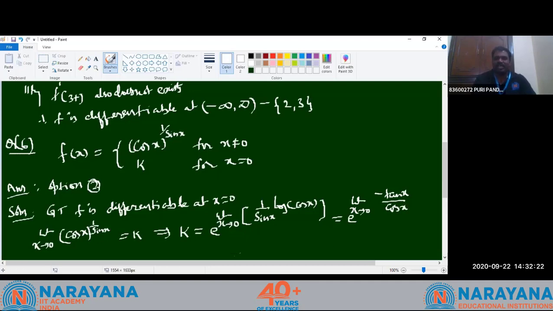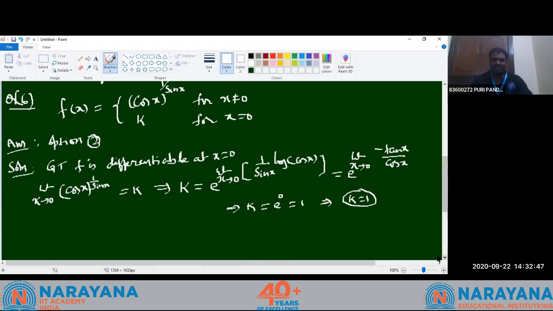So k is equal to e power, substituting 0 in place of x, tan 0 is 0, by cos 0, 1. That's why we get e power 0, which is nothing but 1. Therefore k is equal to 1 is the required answer. That means it satisfies the second option, k equal to 1. Clear? That is question number 6.